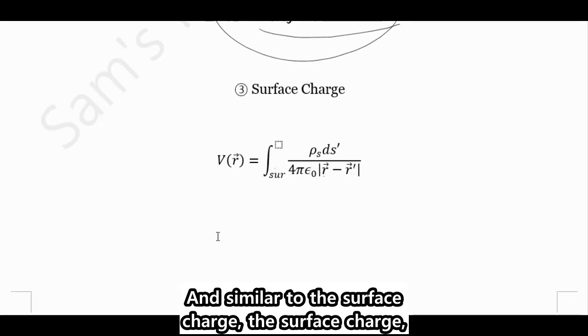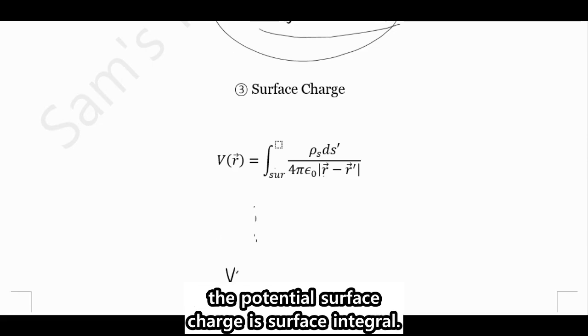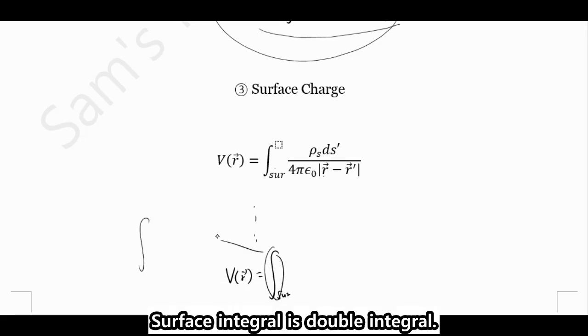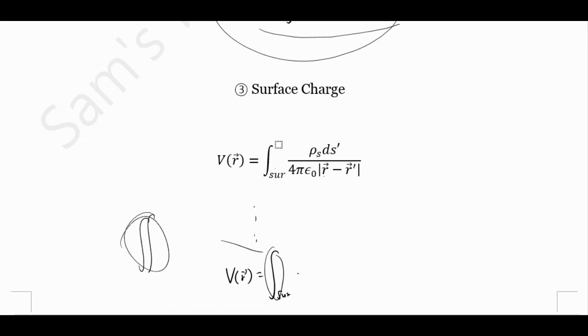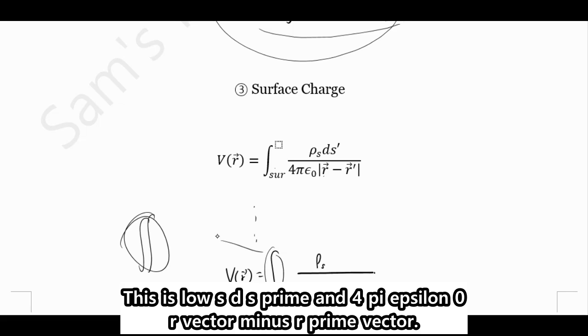And similar to the line charge, the potential for surface charge is a surface integral, which is a double integral: rho s ds prime over 4 pi epsilon 0 magnitude r vector minus r prime vector.